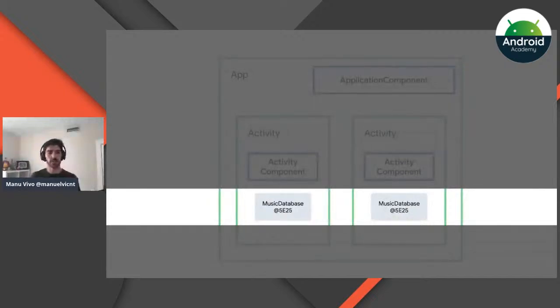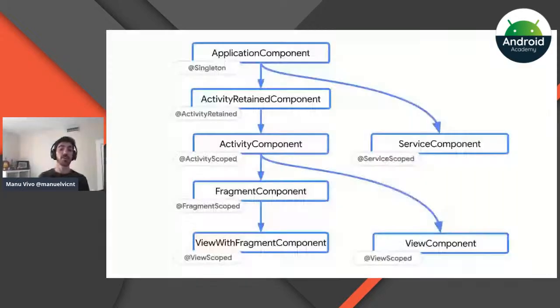Now, I will tell you later why this is important. I created a blog post writing more about this. So as I said, for the application component you have to use @Singleton. And then if you want to scope any other instance to a container or component, you have different annotations to do that. For example, activity scoped means that a type is going to be scoped by that component.